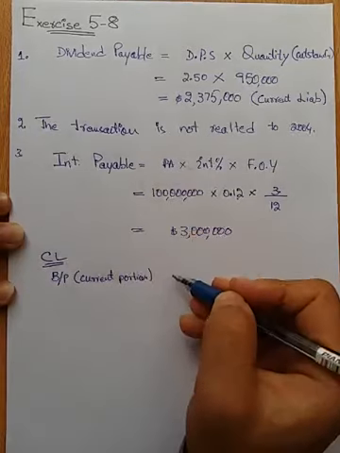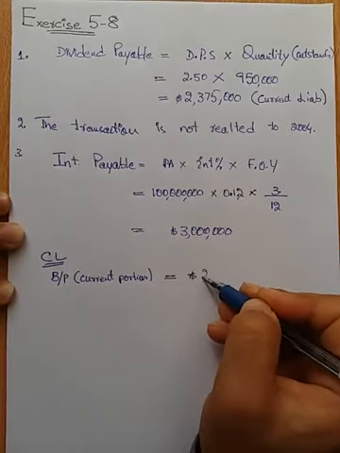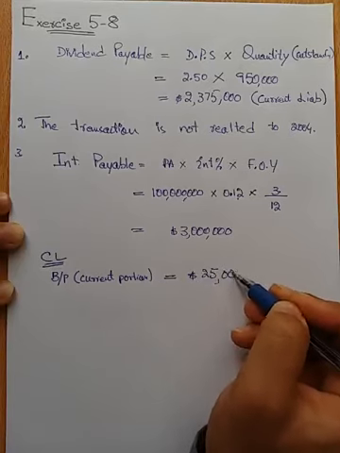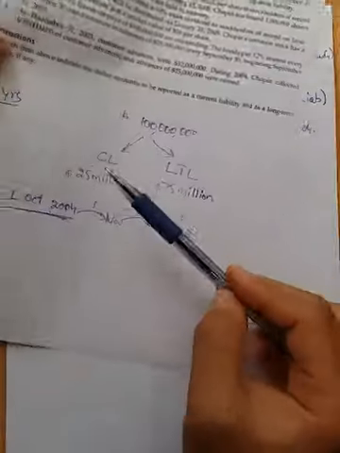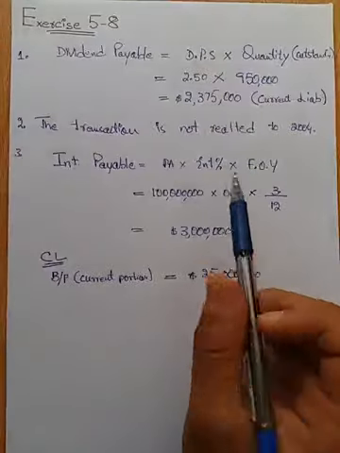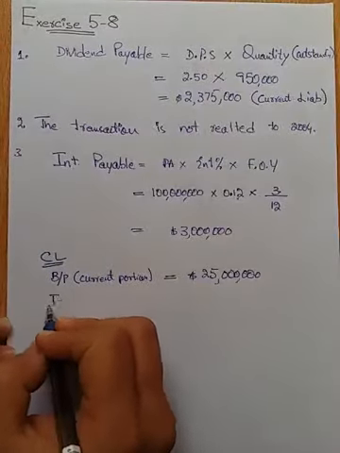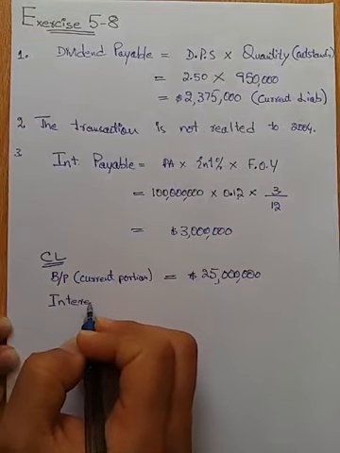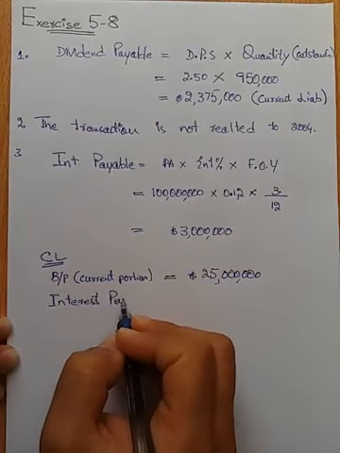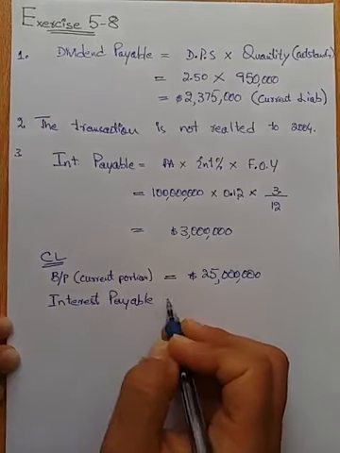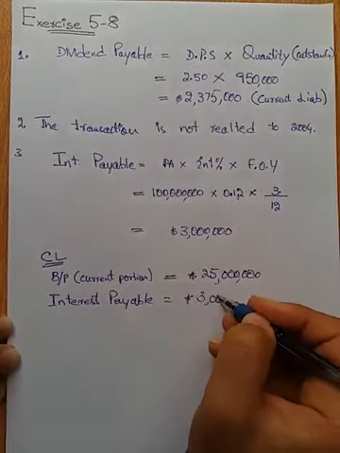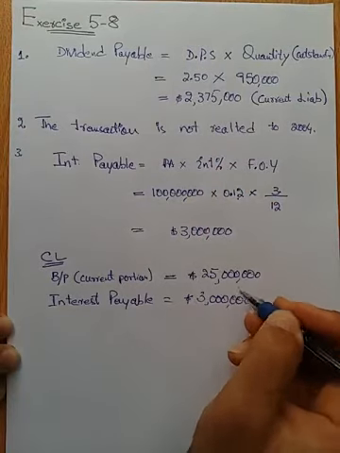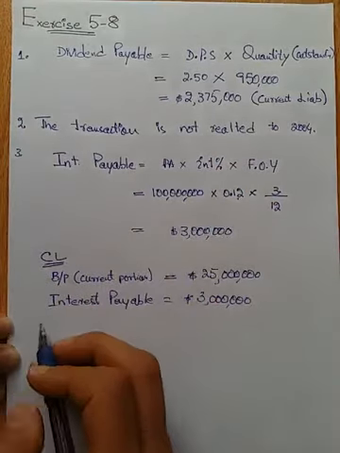So this would become 25 million, and I discussed why it becomes 25 million. It's based on the discussion we had, okay. And then obviously interest must be paid every year, so we will have an interest payable also, which we have already calculated. It's $3 million, okay. So that would be the current liability section.